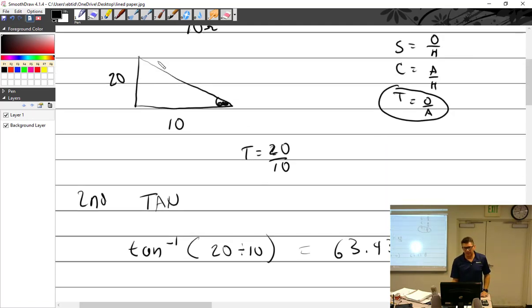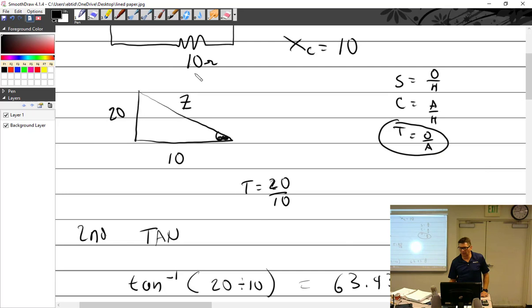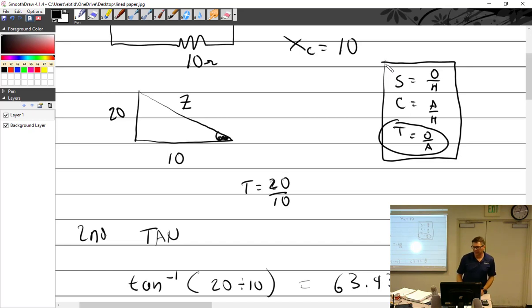Now let's figure out what is Z. What is Z right there? On your formula sheet, I would have this on there. I would just put that right there. S equals O over H, C equals A over H, and T equals O over A. I do have a note on my little notes here that says, make sure that your calculator is set to degrees.